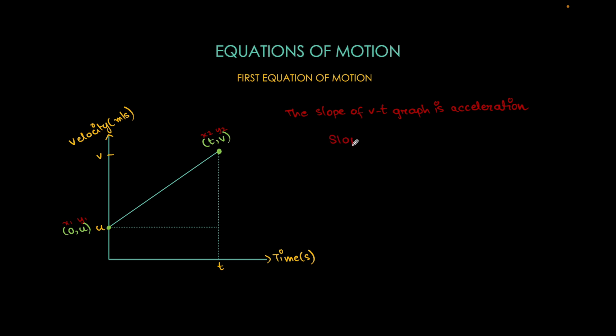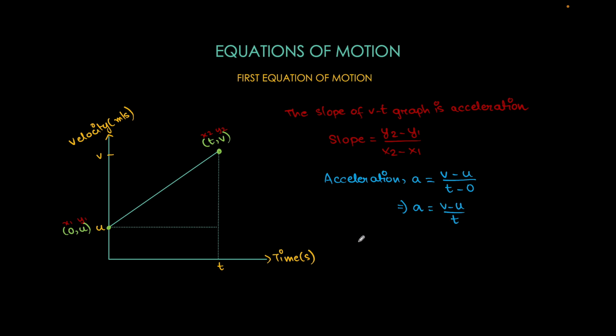We know that slope can be calculated as y2 minus y1 divided by x2 minus x1. And we know that the slope of VT graph is acceleration, so we can write acceleration, which we denote with A, is equal to y2 is what here? V. Y1 is what? U. X2 is what? T. X1 is what? 0. So we can write acceleration A is equal to V minus U divided by T.